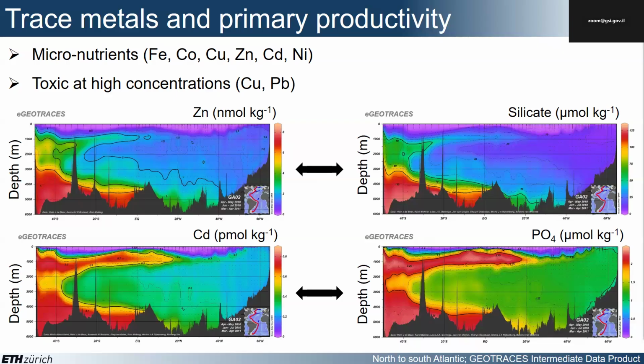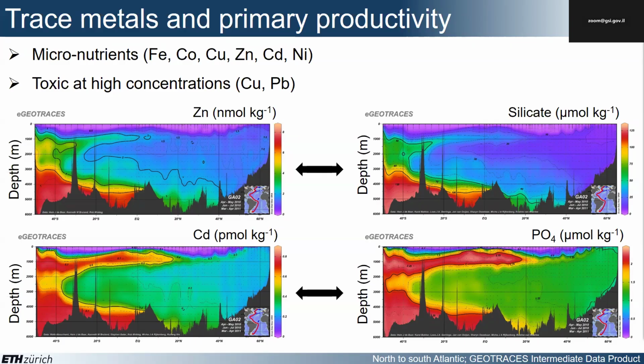We can see that the upper ocean is depleted in micronutrients such as zinc and cadmium, as these micronutrients are actively assimilated into phytoplankton in the process of photosynthesis. And because these are used as nutrients, they are often correlated with macronutrients such as silicate and phosphate.